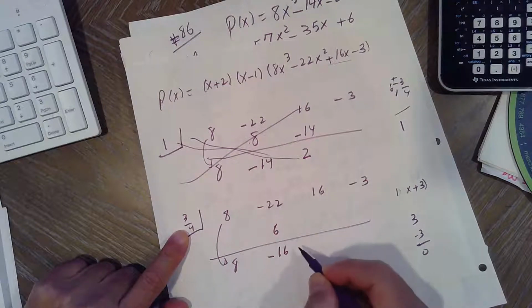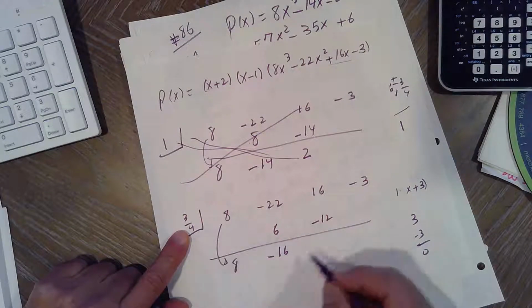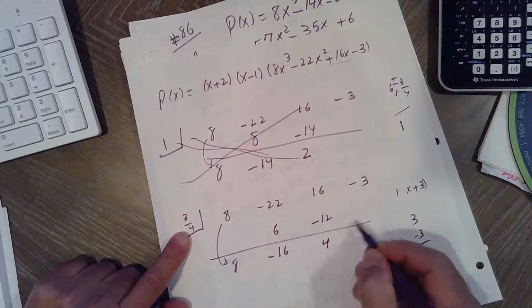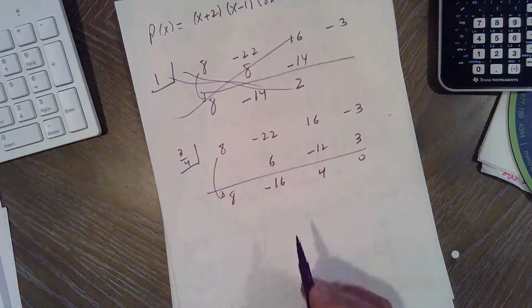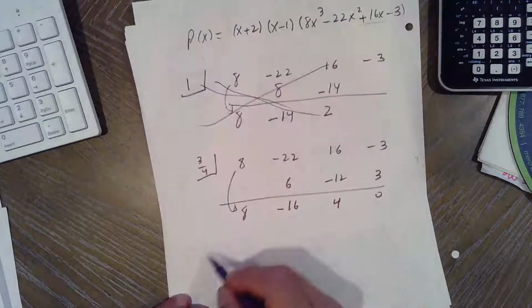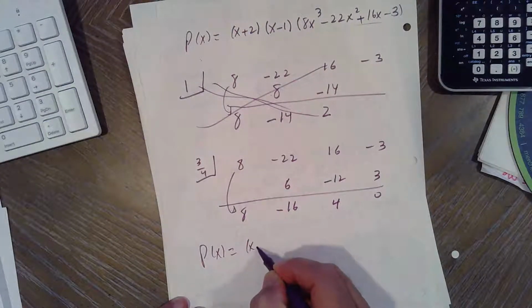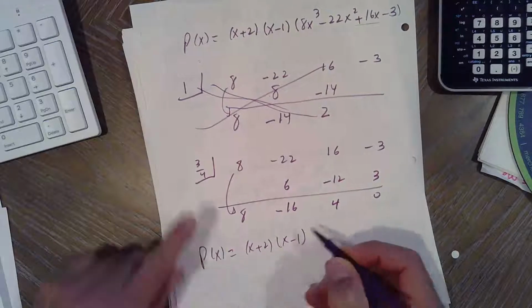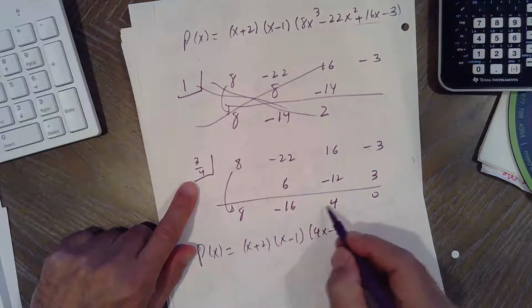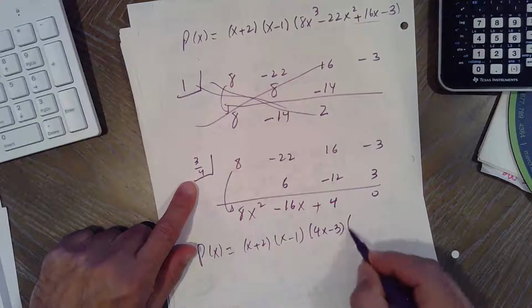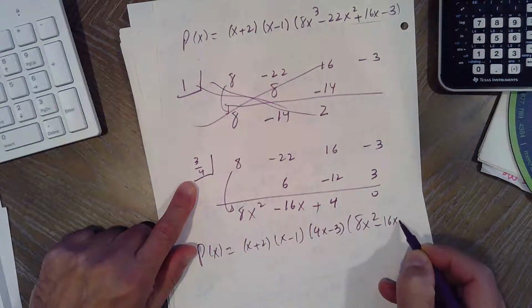That's negative 16, so negative 16. Negative 12 times 3 over 4 is negative 9, plus 16 is 4, times 3 over 4 is 3. Bingo. So then we bring this p of x down: x plus 2 and x minus 1 already there. 3 over 4 means 4x minus 3. And then this is the quadratic, 2x squared minus 4x plus 1... 8x squared minus 16x plus 4.